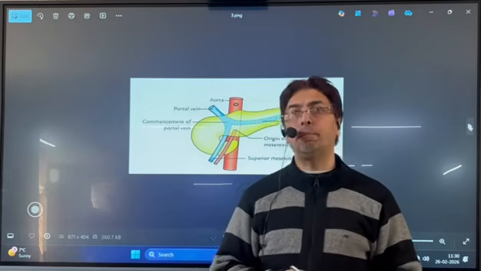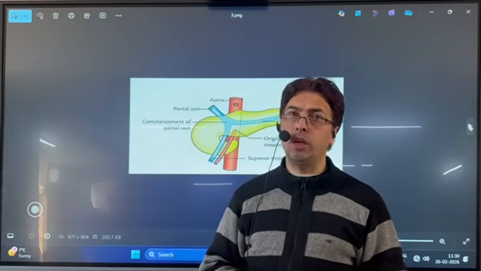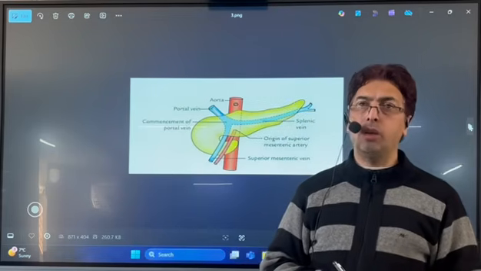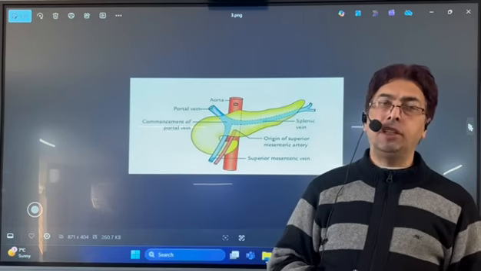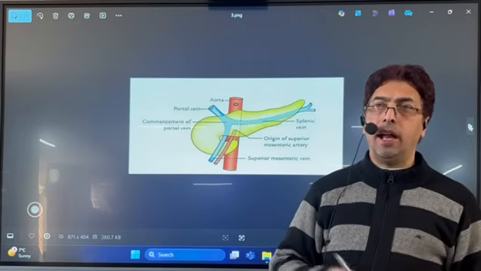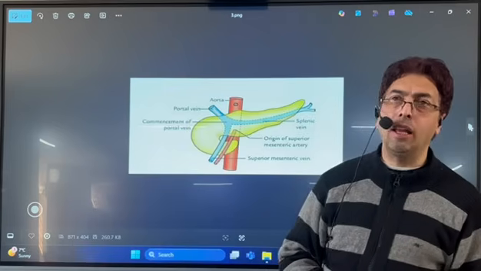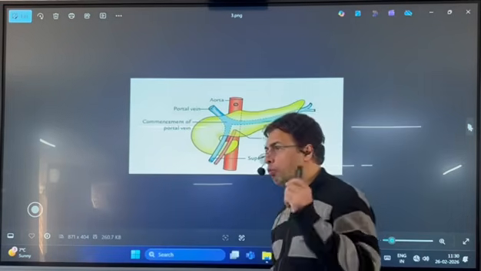And there's a very important ligament, the lieno-renal ligament. The tail of the pancreas lies within the lieno-renal ligament, and that goes towards the hilum of the spleen. So very important.